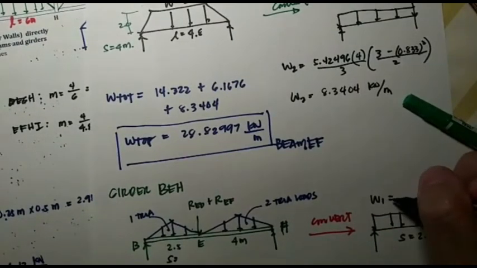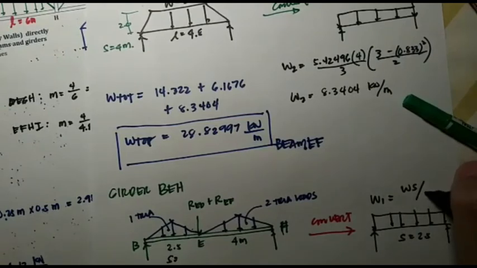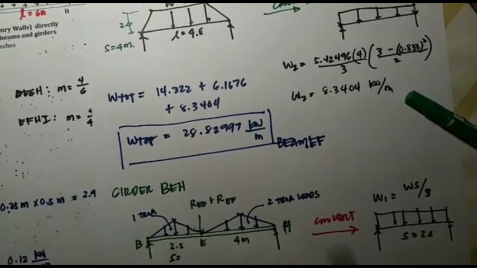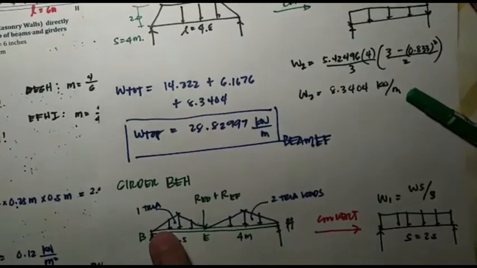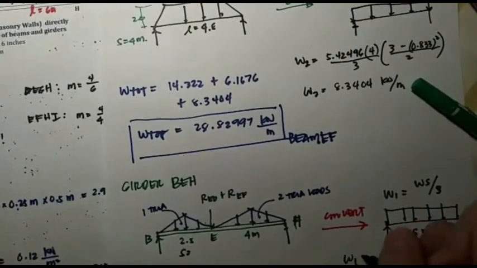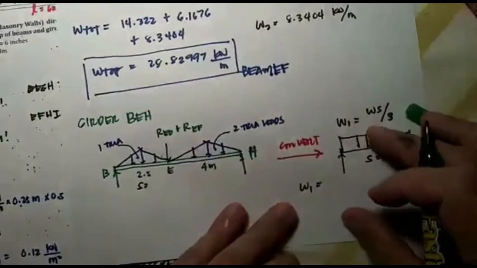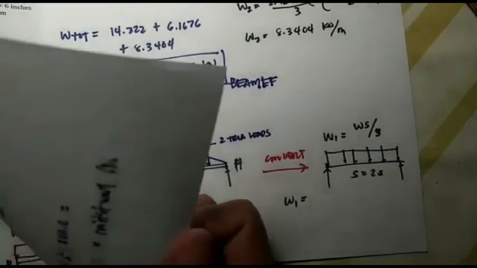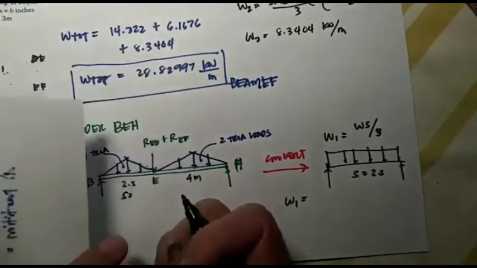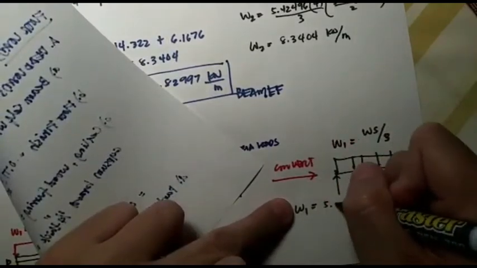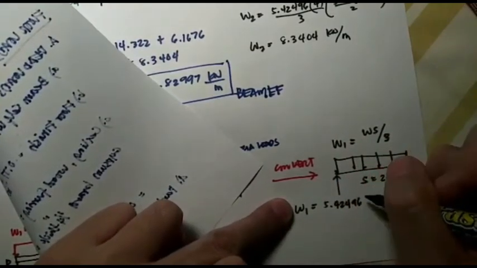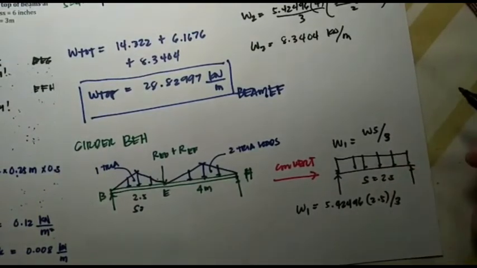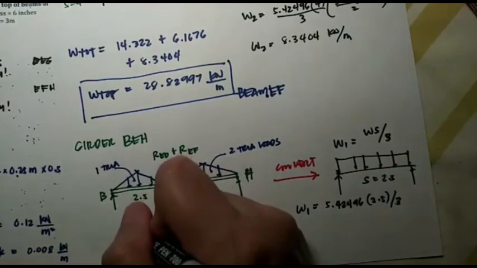The conversion would be simply WS over 3. To convert this to rectangular, that would be simply W1, which is equal to W. Our W is 5.42496, and the S is 2.5 divided by 3. So this is for W1.